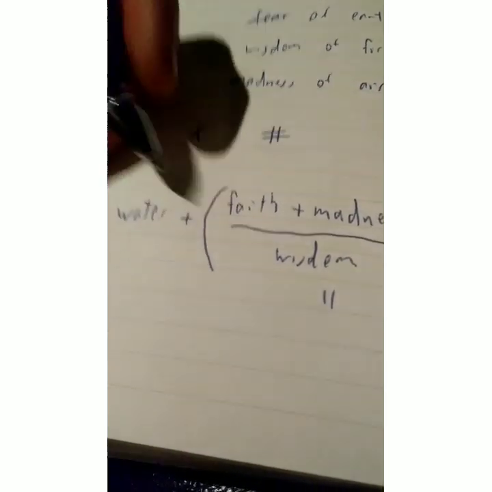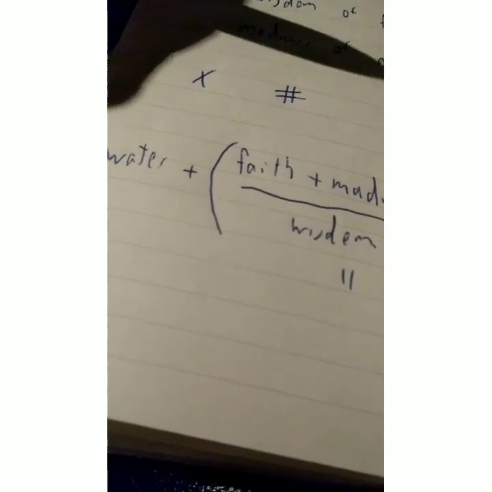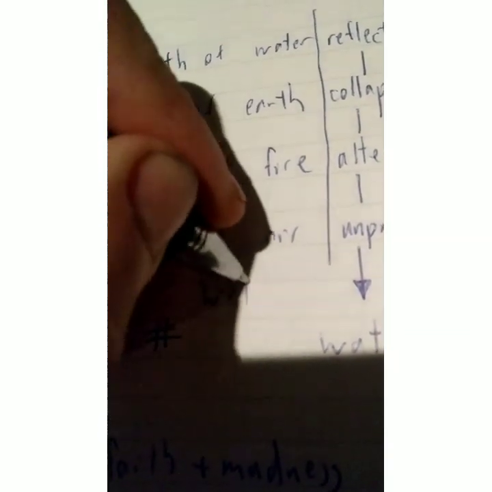But in meaning math, it's completely useless because I have no idea how you multiply water times this. Like water times, I don't know, a small word like pile. How do you multiply water times pile?